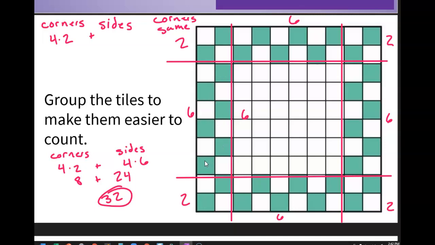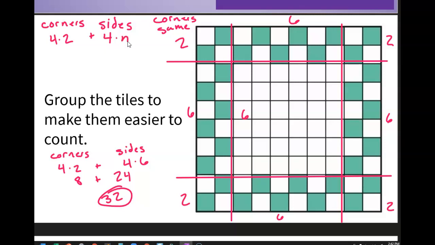That might make logical sense because these are alternating, right? So we have a color and a white and a white and a color. So for every white tile, we have 1 color tile. 1, 1, 1, 1, 1, 1, 1, 1, and it goes up. So if we say the side is n, then we would have 4 sides times n.